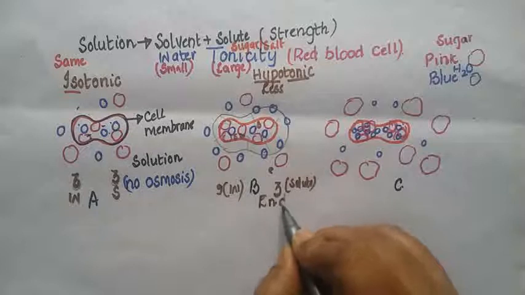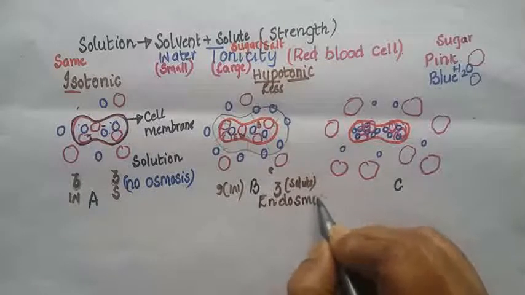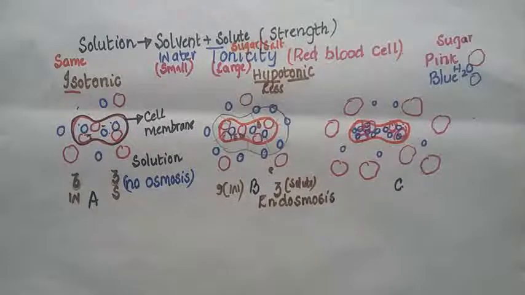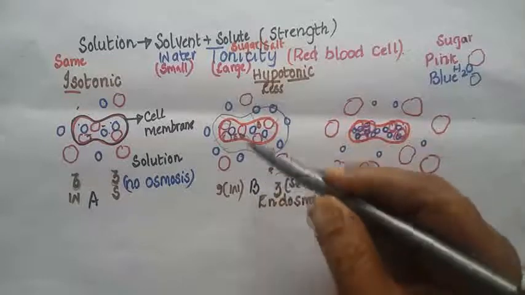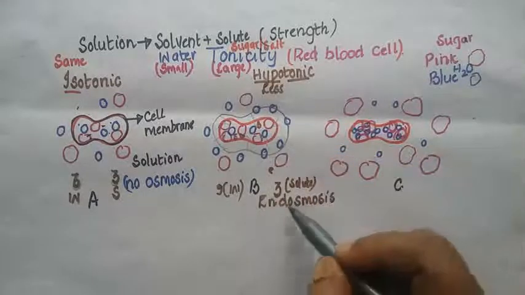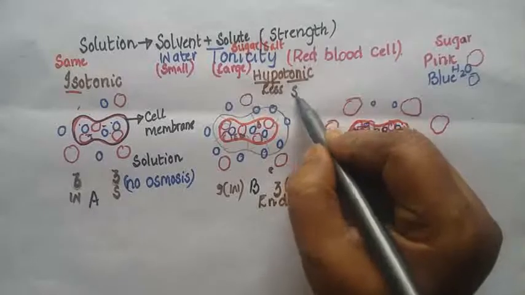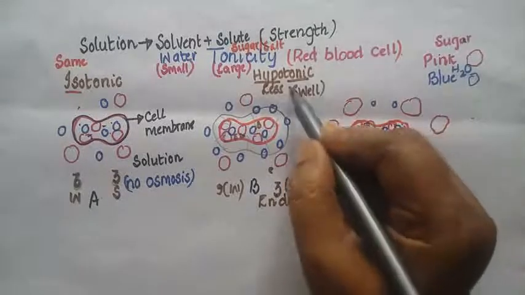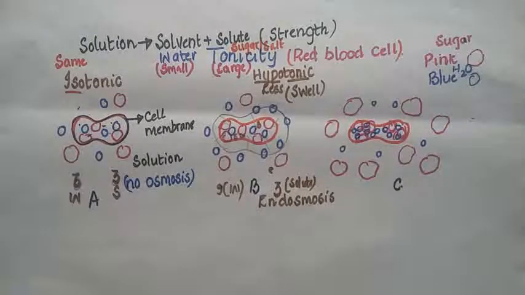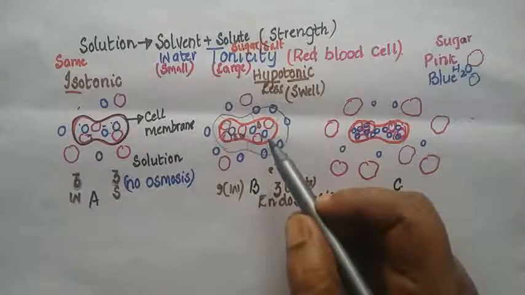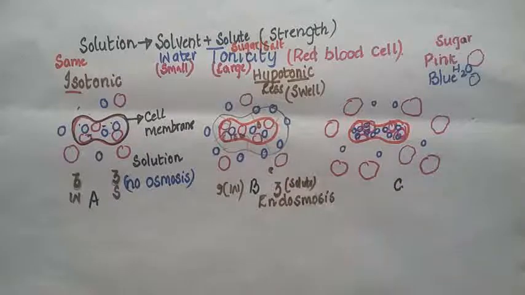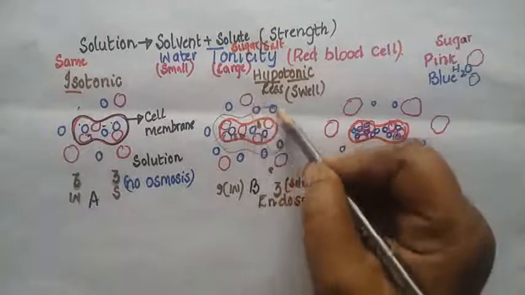So in this condition you find endosmosis, where there is an inward diffusion of water molecules from a more dilute solution towards the less dilute solution, due to which there is an increase in the size of the cell. What do we call it? A swelling of the cell. Right, children? Now, the RBC may in fact rupture.